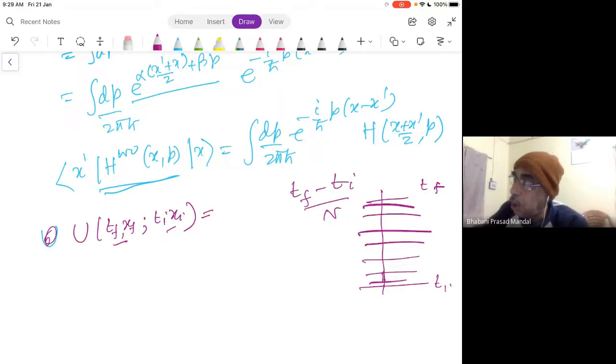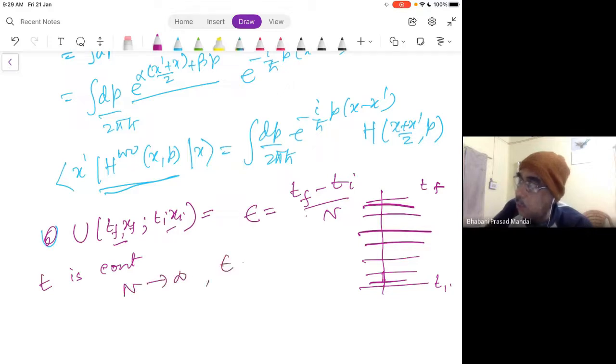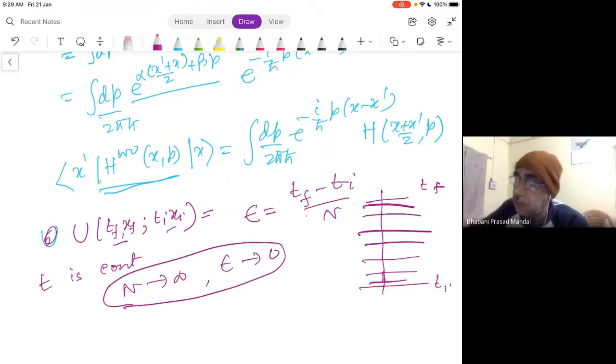So very small. So let us define my epsilon, which is a small infinitesimal time, as t final minus t initial over n, and at the end, time is continuous, right? So at the end we'll take the limit n going to infinity such that epsilon will go to 0. So this limit will be taken at the end after calculating this quantity.